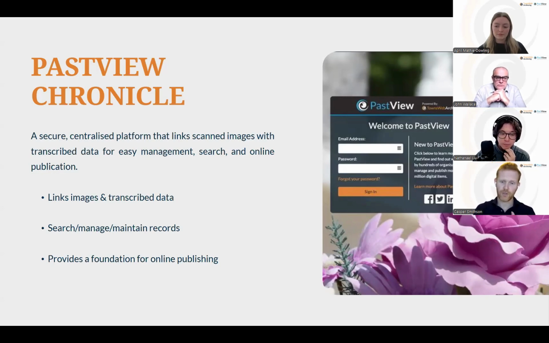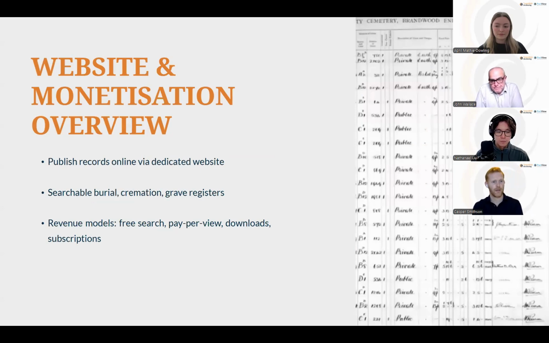So the key goals that we're trying to achieve here are obviously to increase the efficiencies within the organization. By digitizing, you have preserved the content should anything happen to that original format, and by transcribing and uploading to a system like PassView Chronicle, you can improve your ability to search the data quickly, and also potentially even provide that public access.